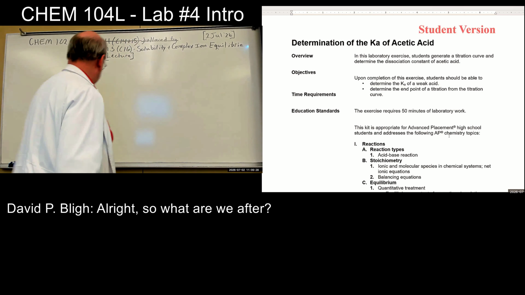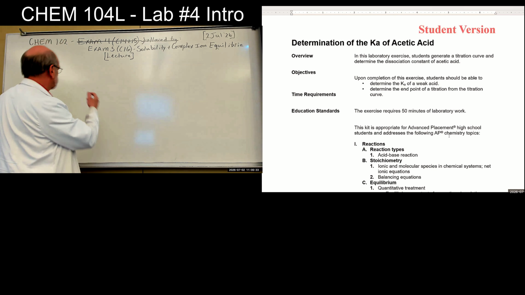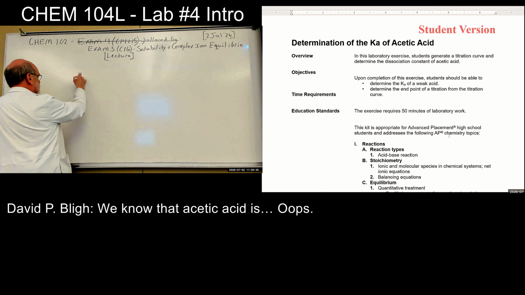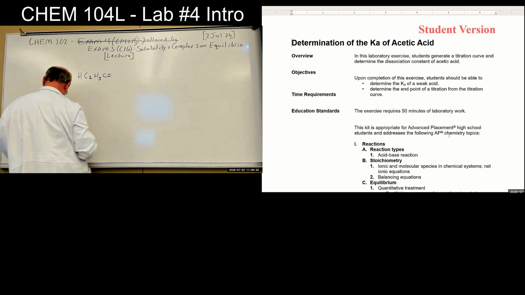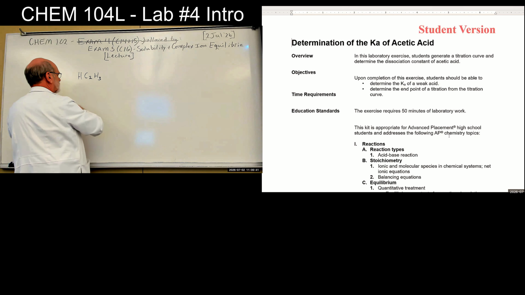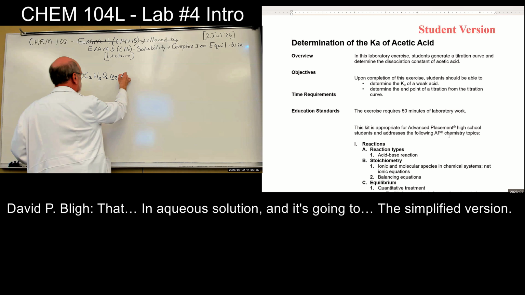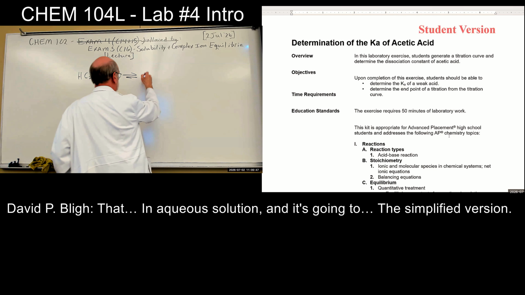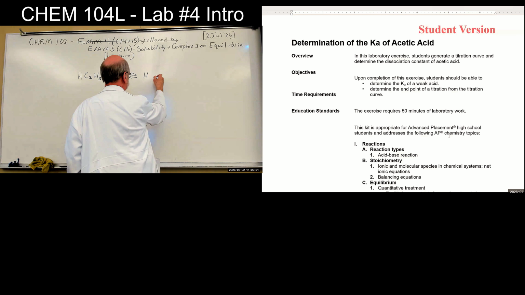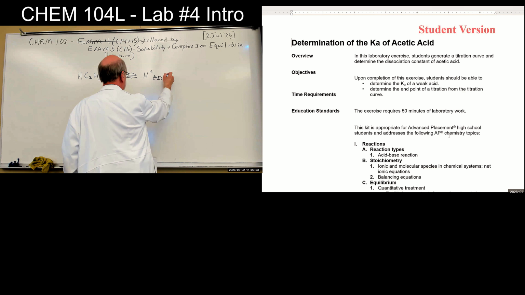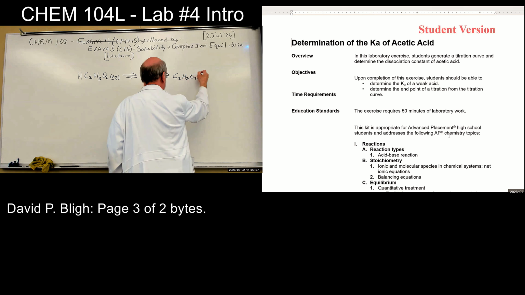All right, so what are we after with the Ka for acetic acid? We know that acetic acid, in aqueous solution, is going to, the simplified version, do this, H3O2 minus.